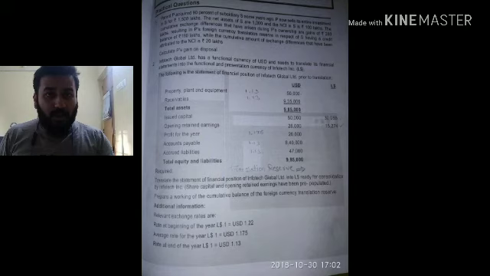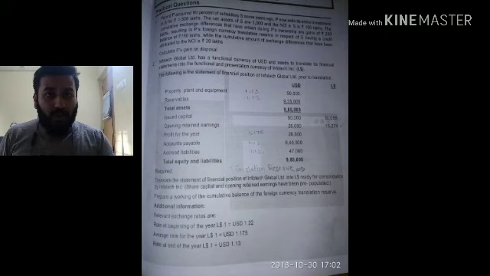In case you are not getting why we have used 1.175, the simple reason is that we have earned the profit during the year, not at the start and not at the end of the year. So we have used the average rate. Again, these two are monetary items, so we are using the closing rate.